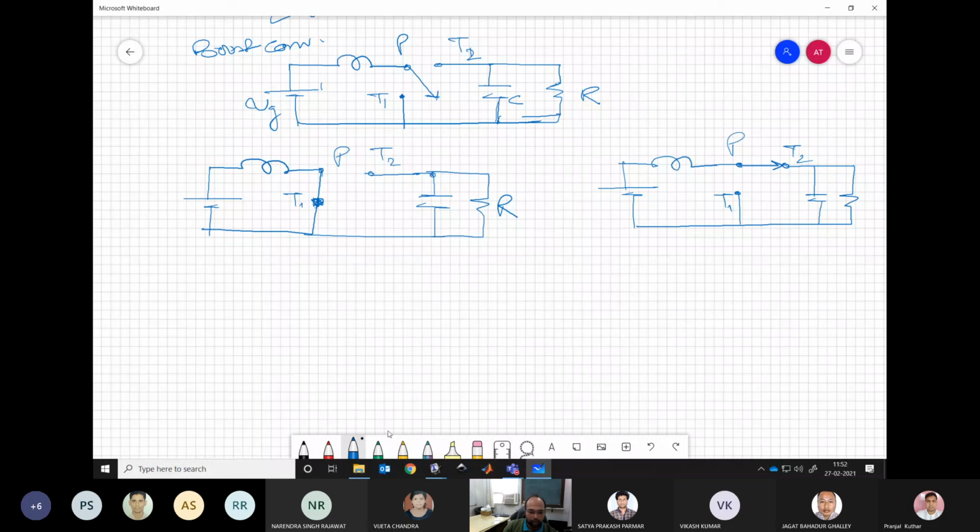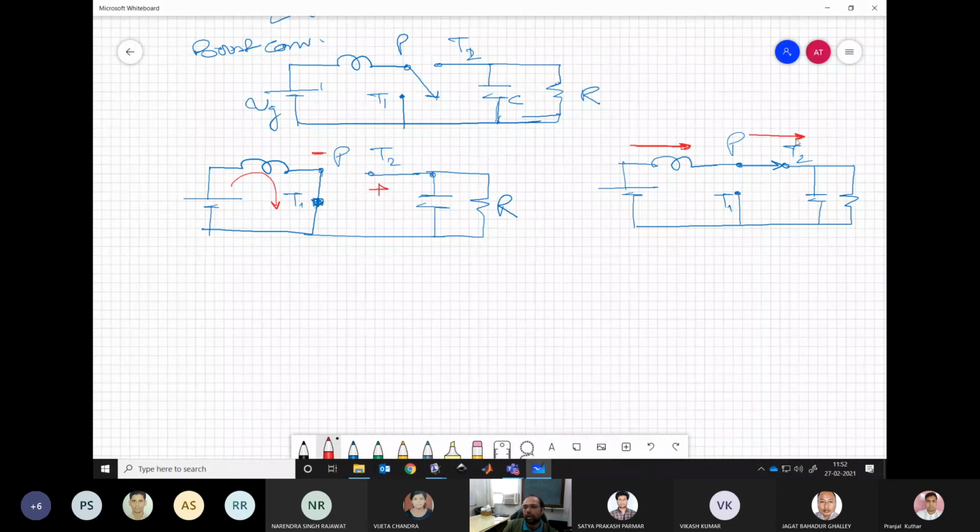Now quickly we can draw the polarities of the current and voltages. Of course, the current in the inductor is in this direction, and because P is connected to ground, we have this polarity coming over here. In the other state, because the current through the inductor cannot change abruptly, it will continue to flow in this direction.